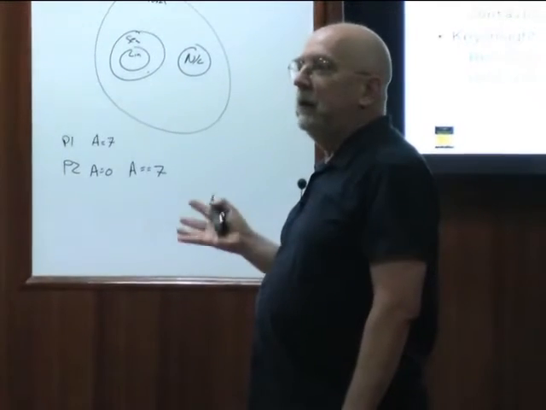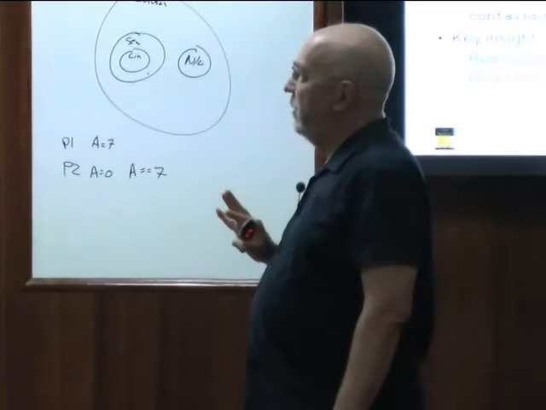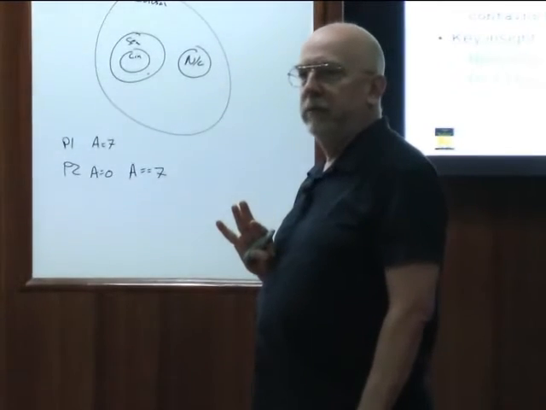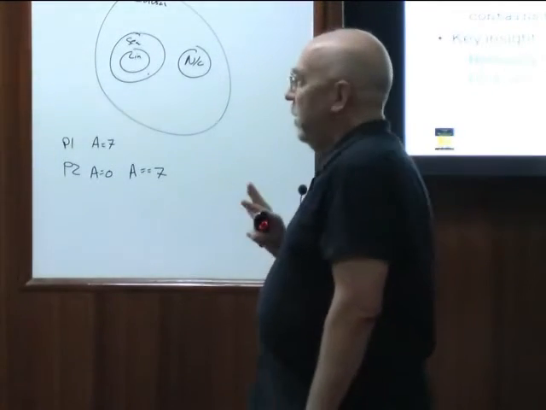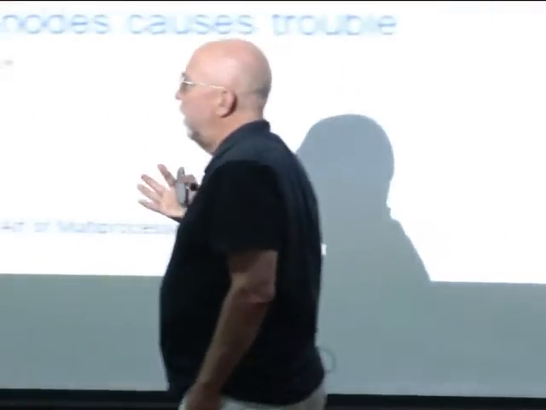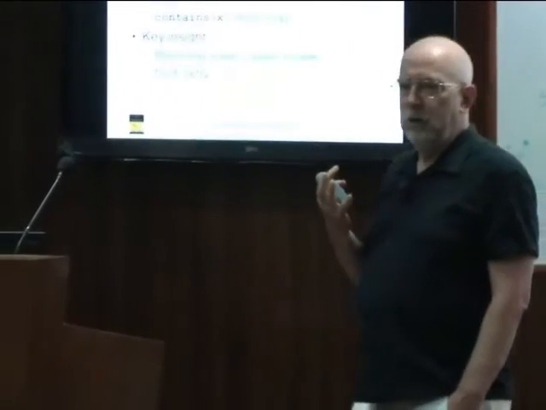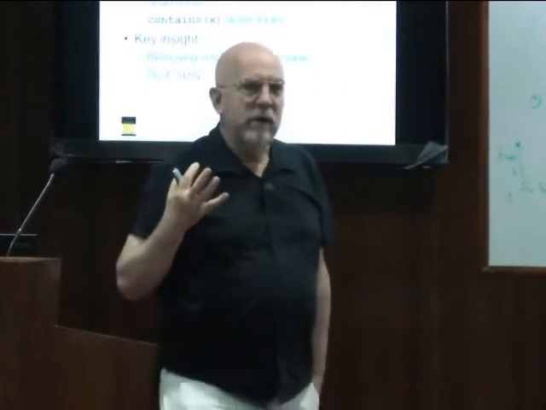And the key insight, as I've said several times, is that removing nodes always causes trouble. The bugs and pitfalls that we've seen before usually involve one thread removing something out from underneath another thread that's trying to use it. And so if we can make removing items less complicated, then everything else will be much simpler.